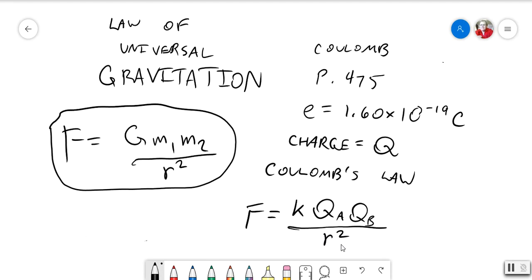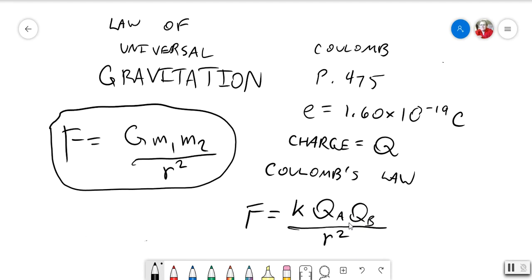And I hope that immediately you see the similarity with the universal law of gravitation. Not only the similarity, but in fact exactly the same thing, except for the specific variables we use. So QA and QB are the two charges.